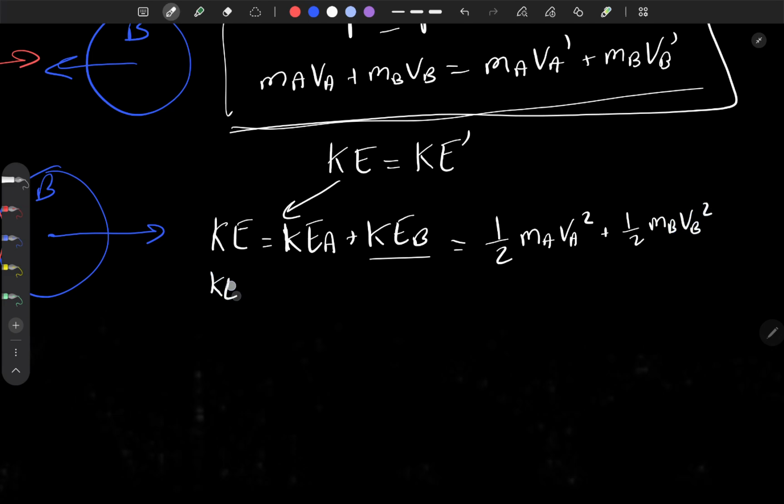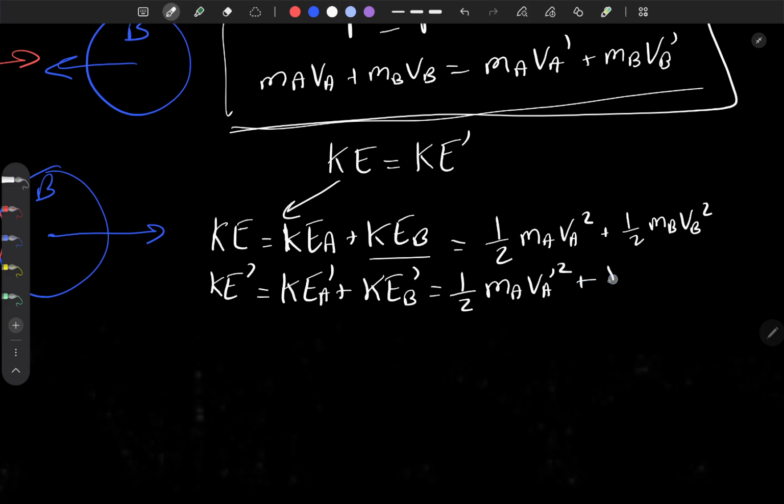Similarly, the kinetic energy after the collision is equal to the kinetic energy of A after the collision plus the kinetic energy of B after the collision. And this is going to be equal to half M_A V_A prime squared plus half M_B V_B prime squared. So now we have an expanded form of the kinetic energy before the collision and after the collision.